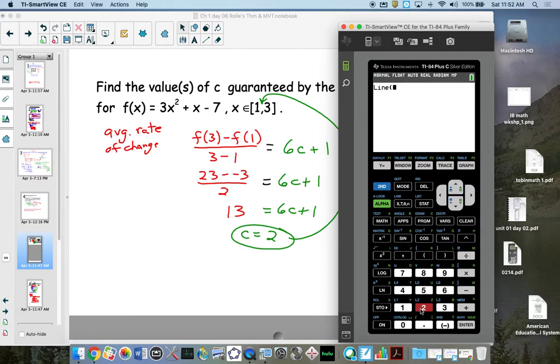Let's go from 1, comma, y1 of 1, and if this doesn't work, I'm going to abandon ship, and 3, comma, y1 of 3, and that hopefully will do it. Oh. Yeah, but you can't see it too well.